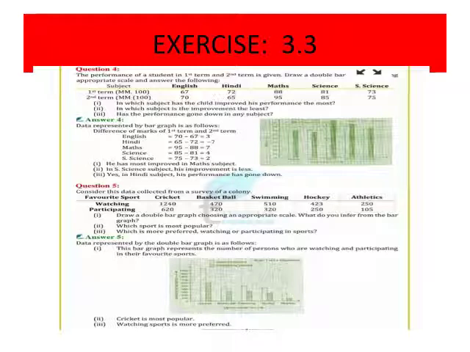Question number 5. Consider this data collected from a survey of a colony. Favorite sport, watching and participants. Favorite sports are cricket, basketball, swimming, hockey and athletics. The data about the cricket is that people who are watching are 1240.